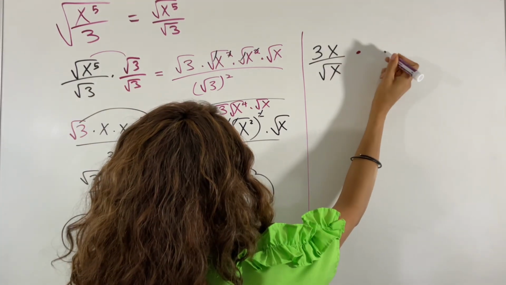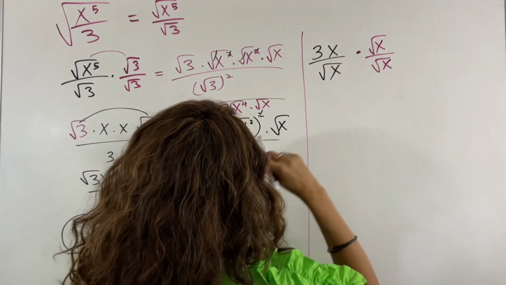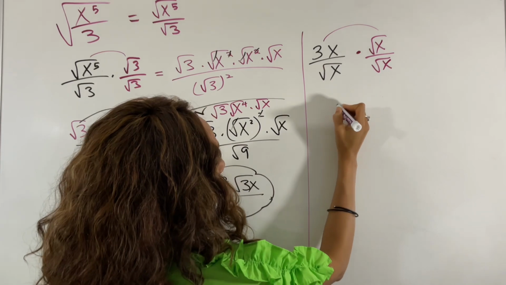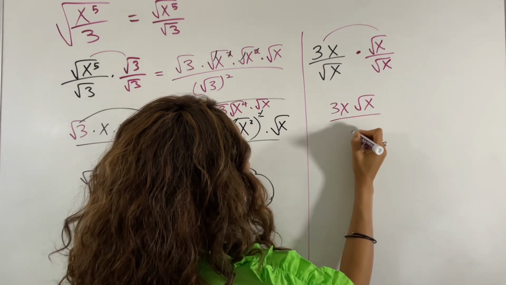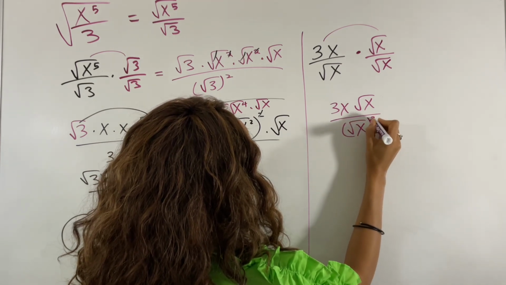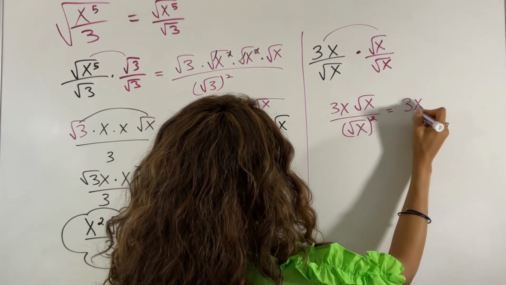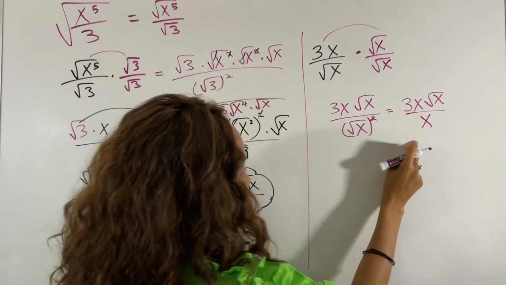We are going to rationalize the denominator with the square root of x over square root of x. And that is going to give me 3x radical x over radical x to the second power, right? And this is going to give me 3x radical x over x right there.